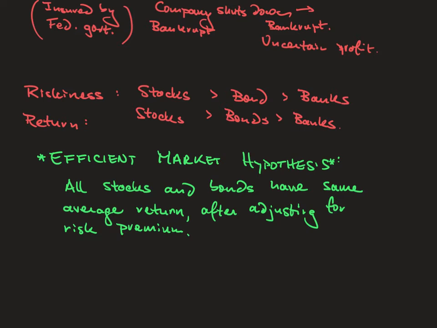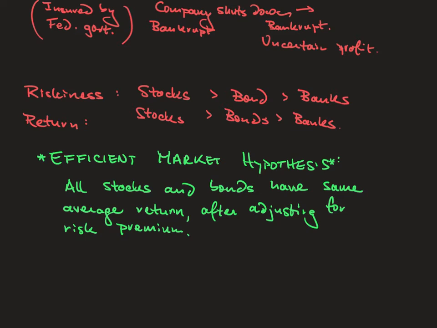Startup companies will be riskier than established companies. That means on average they yield more, but some of them go entirely bankrupt and you lose everything. But overall, there are no stocks that are better picks than others, no bonds that are better picks than others.